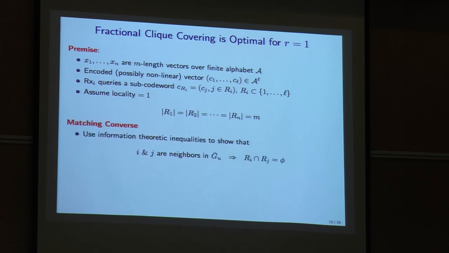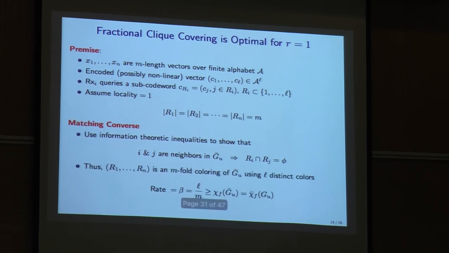So the matching converse idea is something like this. You can use some information theoretic inequalities based on the demands and coding constraints to show that if you pick any 2 receivers in G_U bar, the complement of the undirected graph, then the downloads that they make are disjoint. There is no symbol that both of them download.